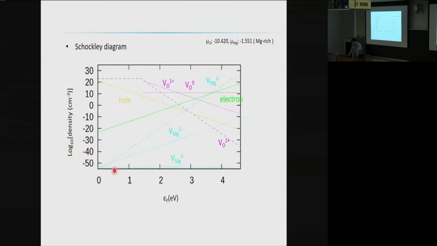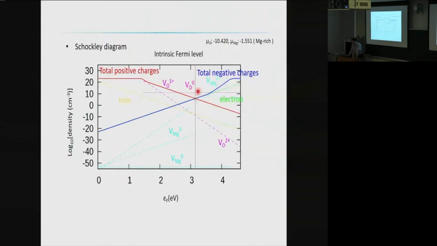This is with respect to the Fermi level, and here you can add up all the negative charge, indicated by this blue line, and total positive charge, indicated by this red line. And they cross at one point. By imposing the charge neutrality, you can see that this is the intrinsic Fermi level. So in this magnesium oxide, the Fermi level is slightly closer to the conduction band than the valence band.